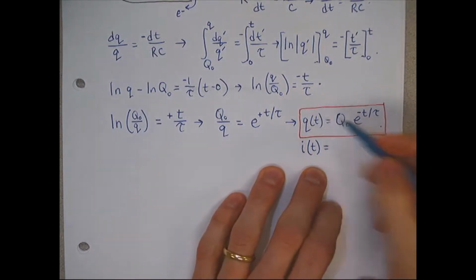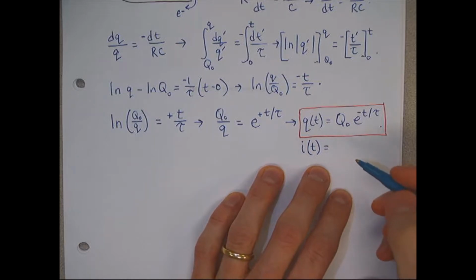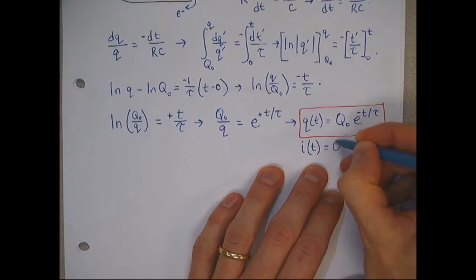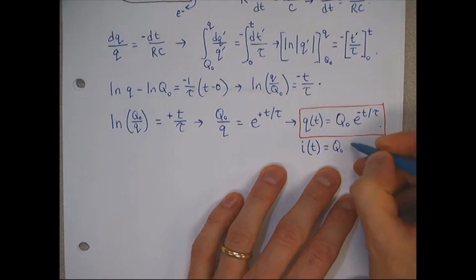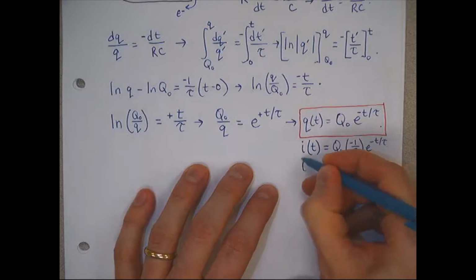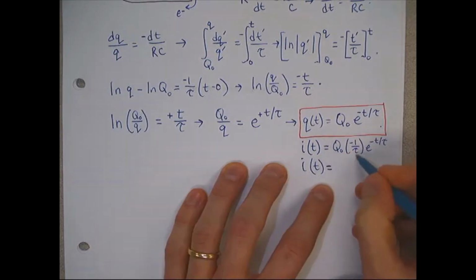Now the current can be quickly written as the time rate of change of the charge on each plate. That's just Q0 times minus 1 over tau e to the minus t over tau. So you can see that that current gets fixed.